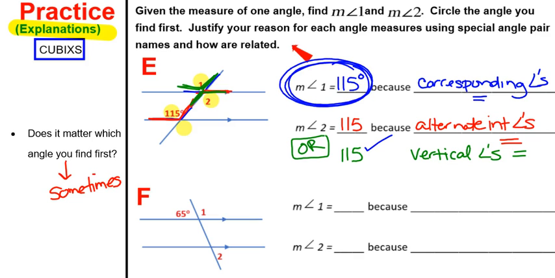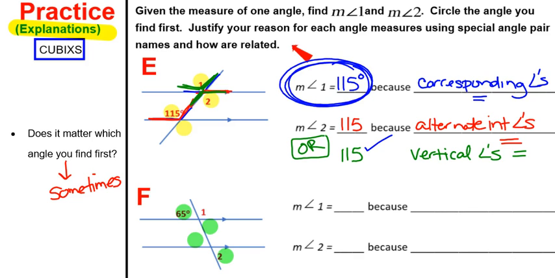If we look at question F here, again, the first thing that I would do is highlight the angle that they give me. Angle F is 65 degrees. So I would fill in all of the 65-degree marks. So right there, I shaded all of my angles that are 65. And the first thing that I notice is angle 2 has to be 65 because it's green.